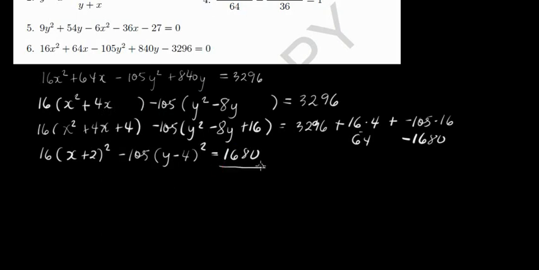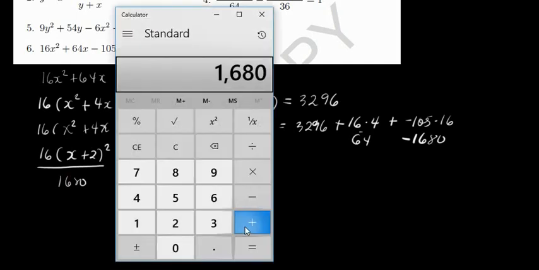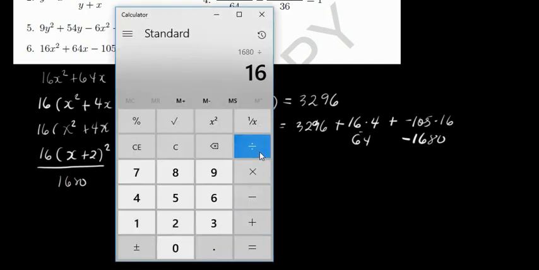Okay, and then we need to divide everything by 1,680. Remember, yung equation ng hyperbola, kailangan 1 yung nasa right side. So, divide this by 1,680, and divide this by 1,680. Now, 16 over 1,680. So, alamin lang natin kung divisible siya at kung ano yung nasa ilalim. So, let's divide this by 16.